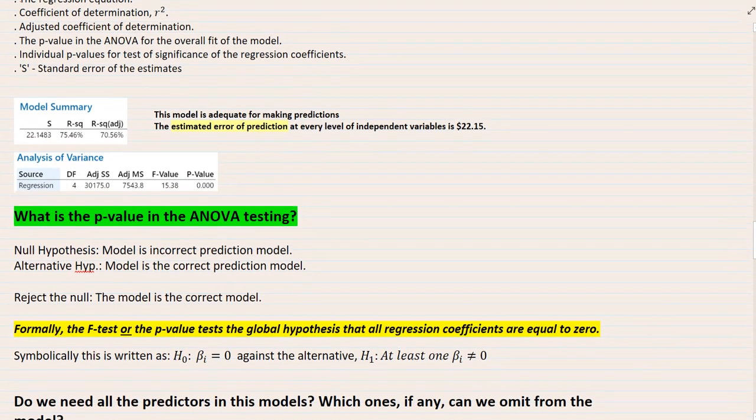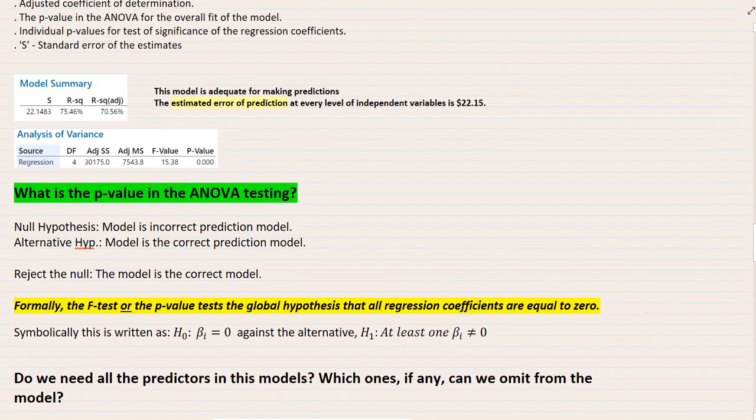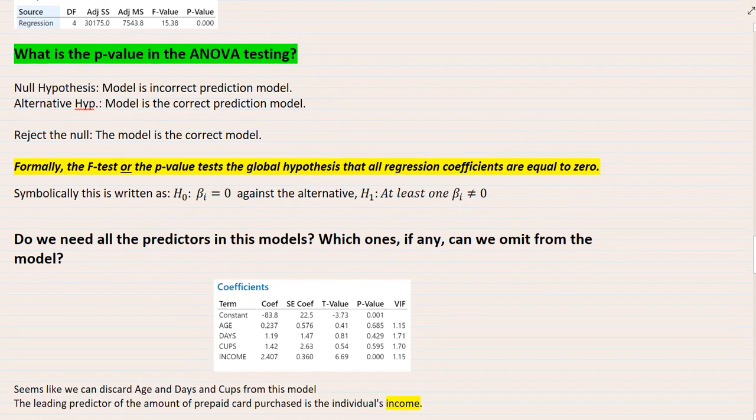Now, we're about to look at what we looked at earlier. Remember those individual p-values? That would be the answer to this question I have: do we need all the predictors in this model? If not, which ones are either redundant or not necessary? And by that we mean they have no predictive power by themselves.